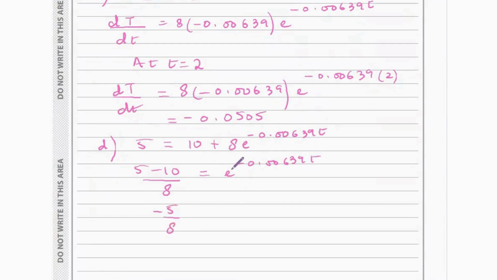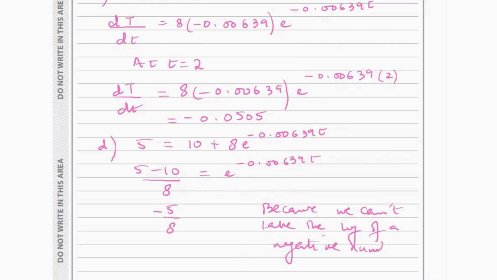And as you know, when you replace the e over here with ln, we can't take the log of a negative number. So that is exactly why it cannot be 5, or even a number that's going to give us a negative value. That's why it cannot be 5, because we can't take the log of a negative number.